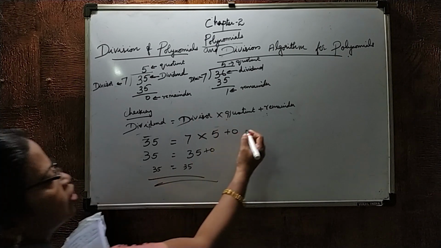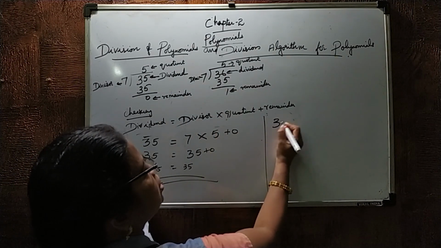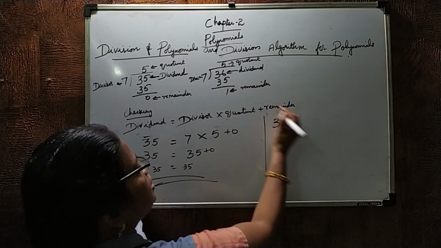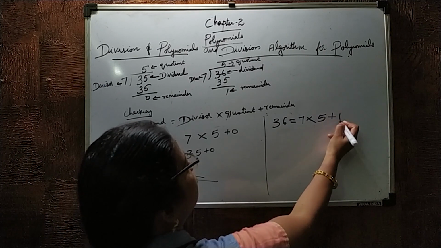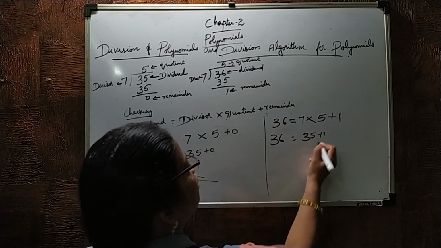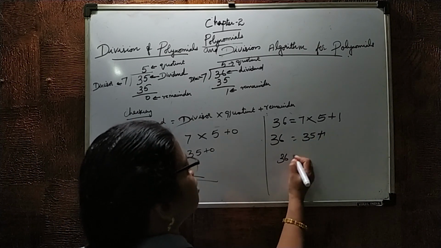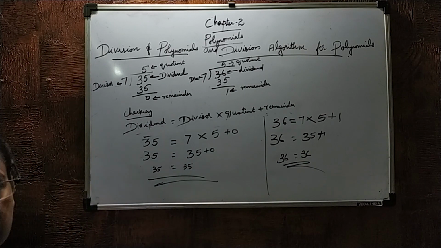Okay. Now this one also you will find out, 36. 36 is the dividend. So dividend is equal to divisor 7 into 5 as the quotient plus remainder. So 36 is equal to 35 plus 1. You will get the answer 36 is equal to 36. That means the equation satisfies. So everything is correct.